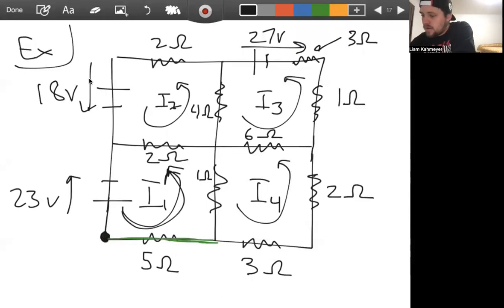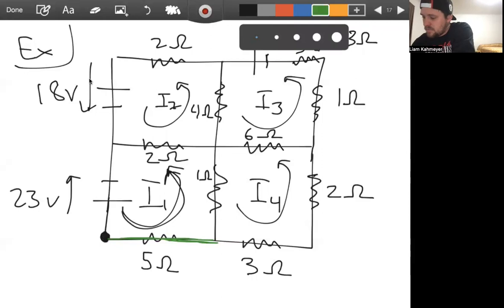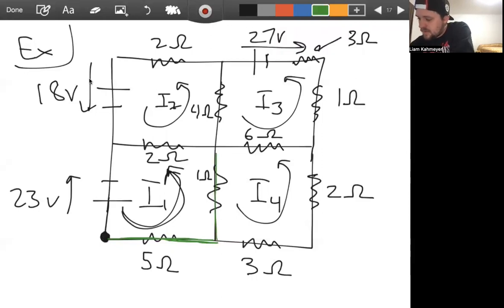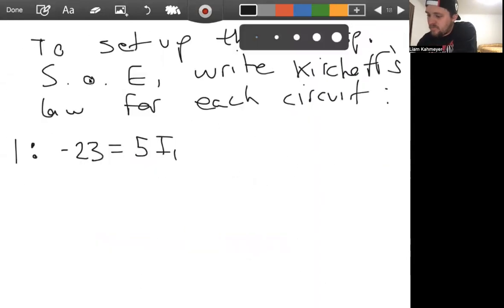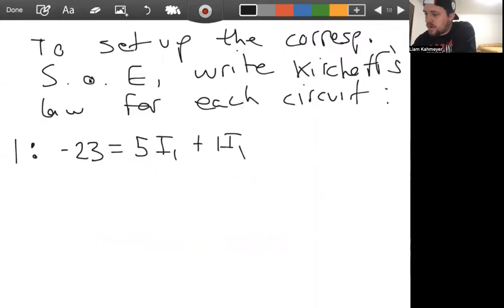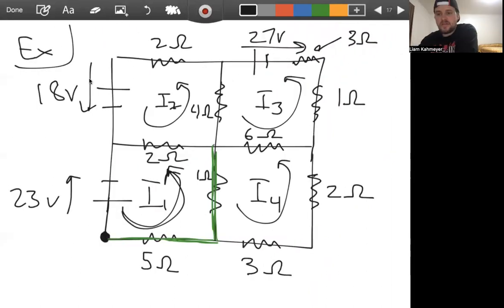Now, the next piece of the circuit, if you're following the direction of the current, is to go up this middle here, right? And if we do that, then we'll have 1 ohm of resistance, and so we'll have plus 1 I1, right? But on this piece of wire, we also have the current I4, right?